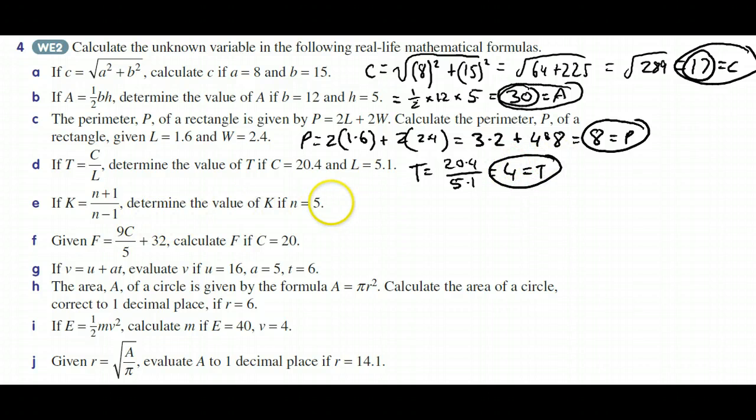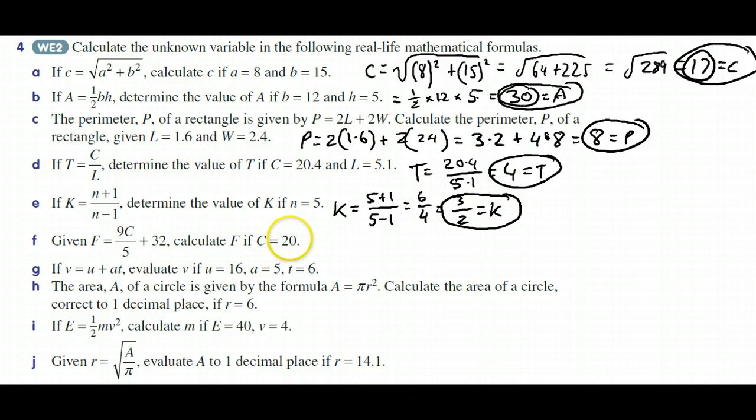In the next one we've got K equals n plus 1, where n is 5, divided by n minus 1, where n is 5 again. So 5 plus 1 divided by 5 minus 1 is 6 over 4, which can be simplified to 3 over 2. You could also write it as 1.5 if you like decimals.